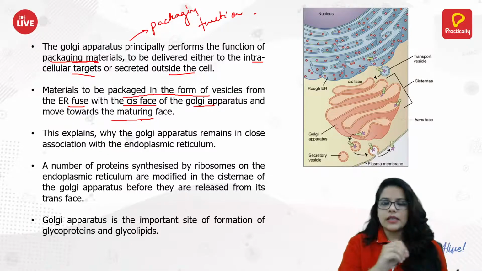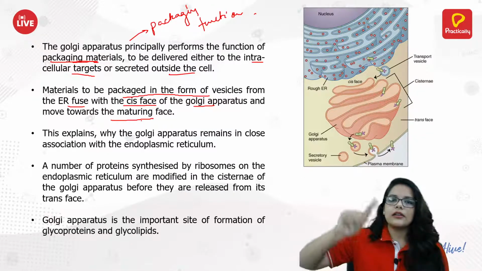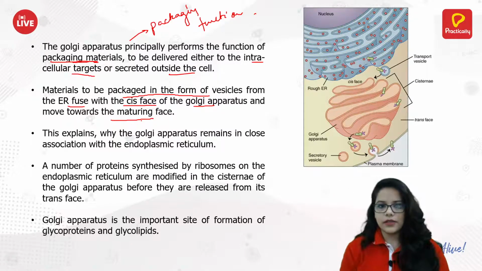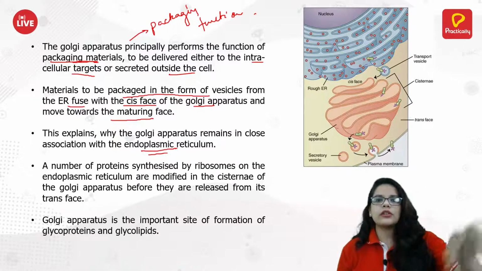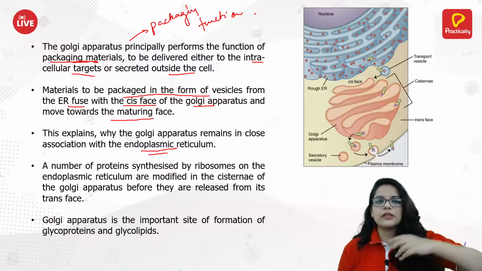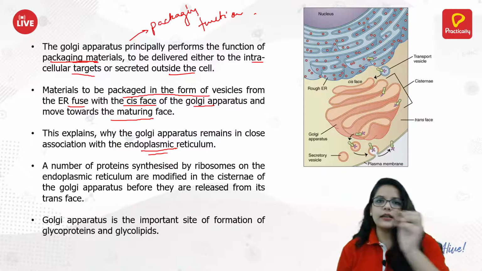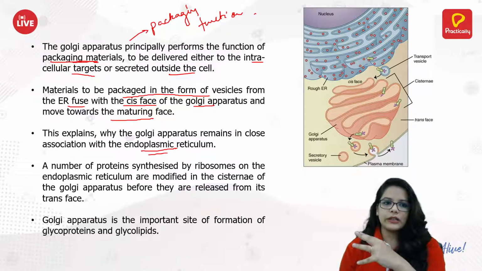Okay, and they come inside and then, since they are interconnected, they start traveling towards the trans phase. That is why it is so associated with the endoplasmic reticulum, because the endoplasmic reticulum is sending proteins and lipids. So these proteins and lipids get packed in the Golgi bodies and pushed somewhere else.